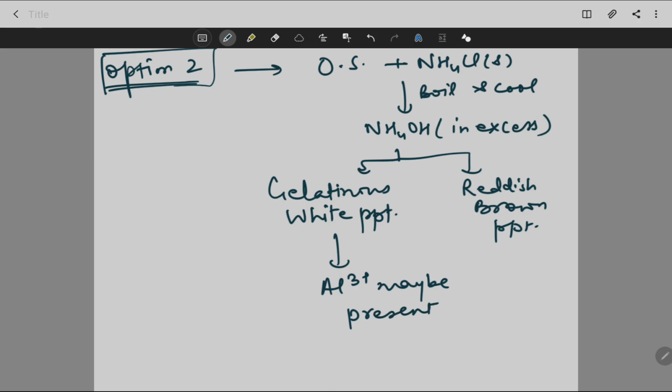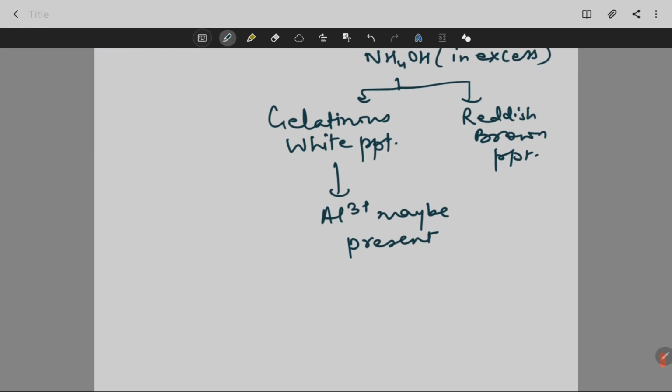Now, what is the chemistry behind it? We are taking an aluminium containing salt. When ammonium chloride and ammonium hydroxide are added to this aluminium containing salt, it will be precipitated in form of its hydroxide, that is Al3+ salt, and we are adding ammonium hydroxide to it.